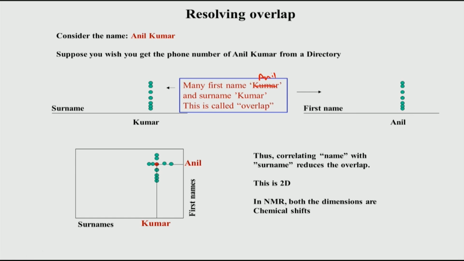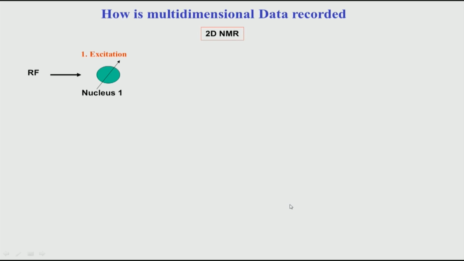So, this was an example of how we can resolve overlap. Similarly, 2D NMR helps us by correlating the chemical shifts using 2 dimensions. So, this is basically how a 2D NMR spectrum is recorded.